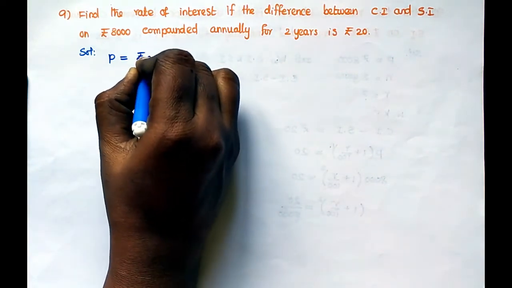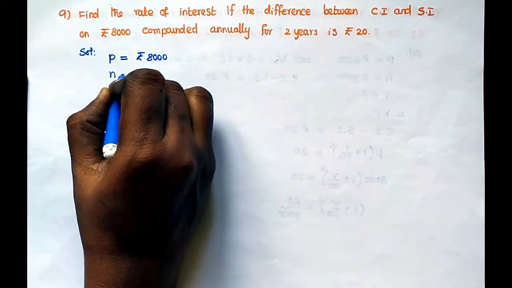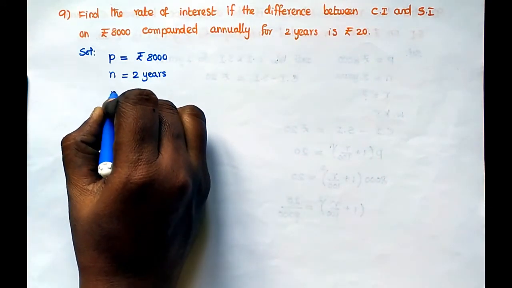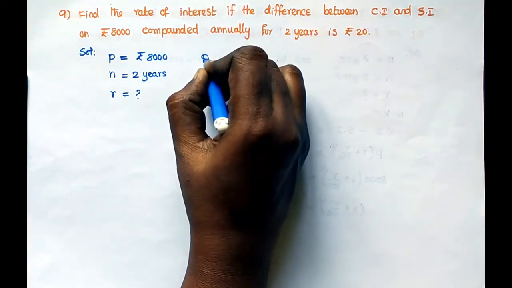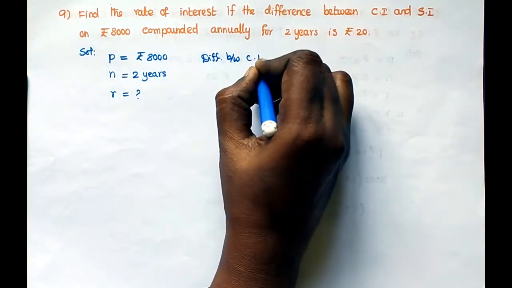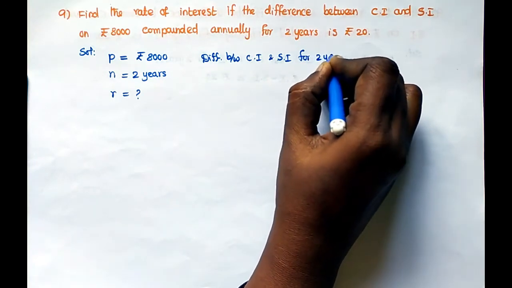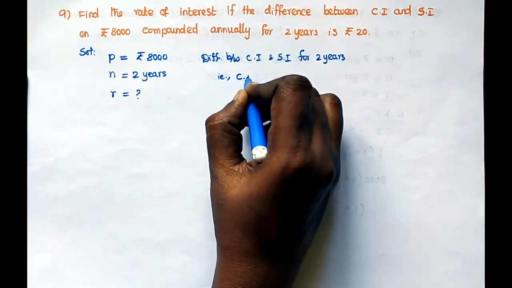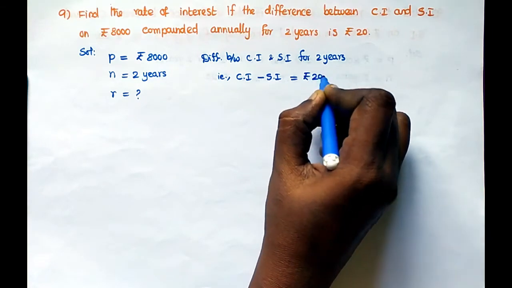P equal to rupees 8,000 and number of years 2 years. Rate of interest we have to find out, and they have given the difference between compound interest and simple interest for 2 years, that is CI minus SI equal to rupees 20.